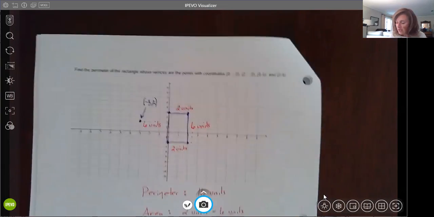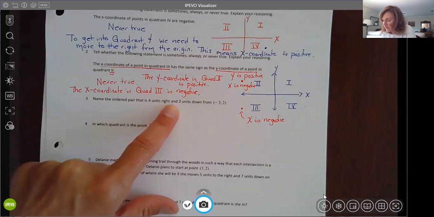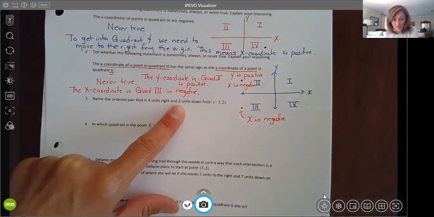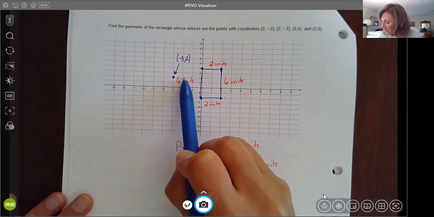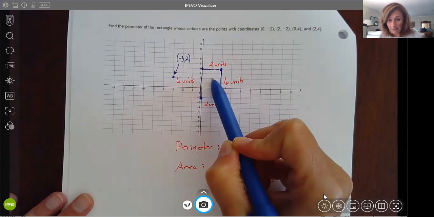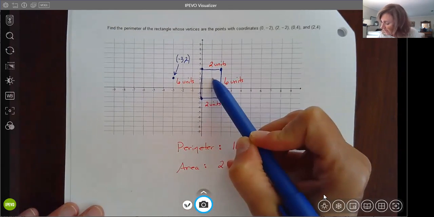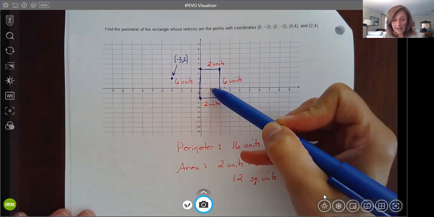So they said from that point, we're going 4 units to the right and 2 units down. Okay, you ready? 1, 2, 3, 4 to the right, and 2 units down. Looks like I'm going to be at 1, 0.